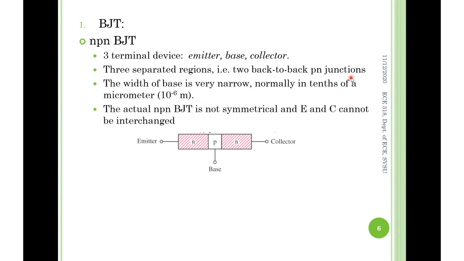Because one PN junction is one diode. A diode is also called a PN junction diode. So one PN junction is here between P and N, and another PN junction is here between P and N as well. The two diodes back to back.